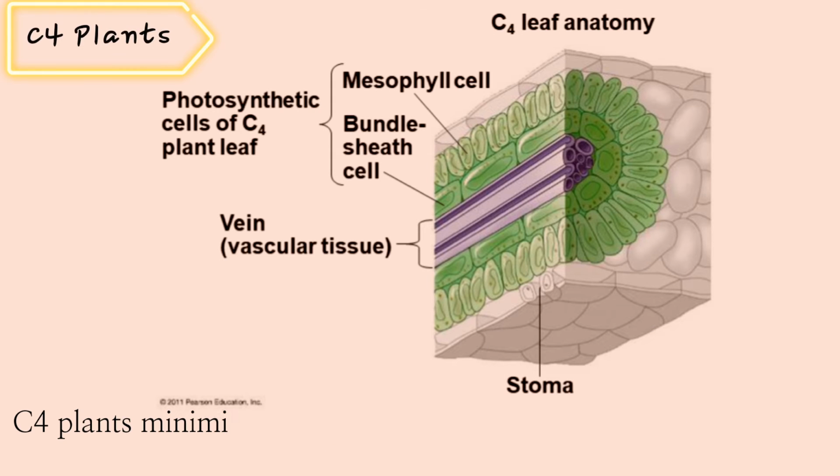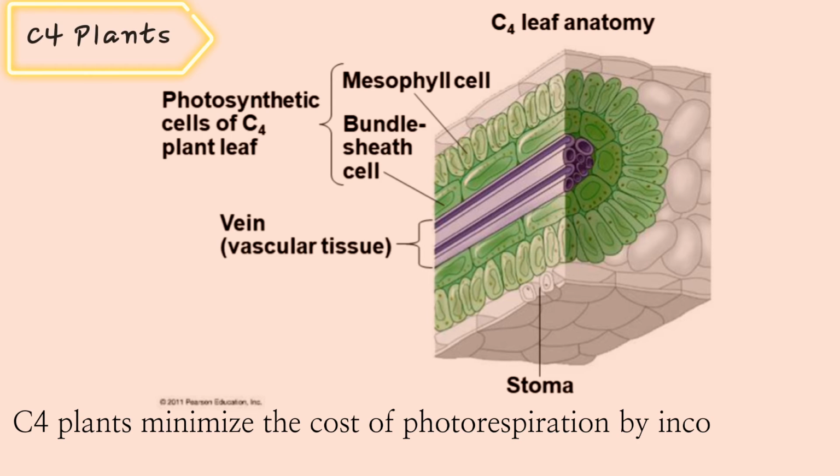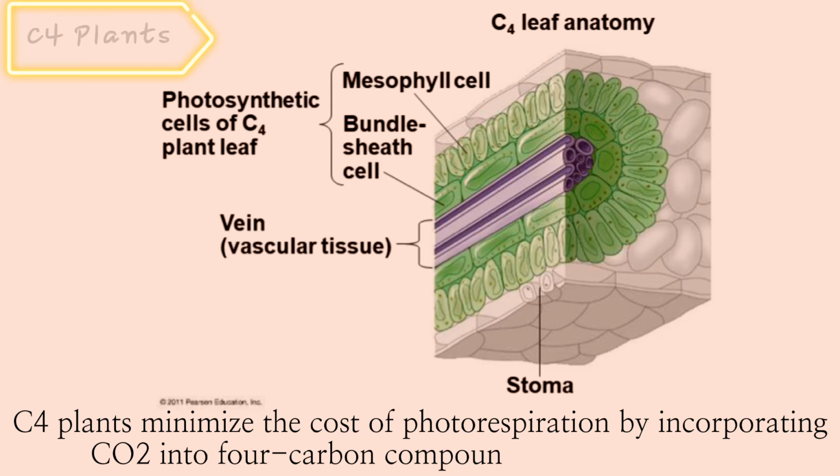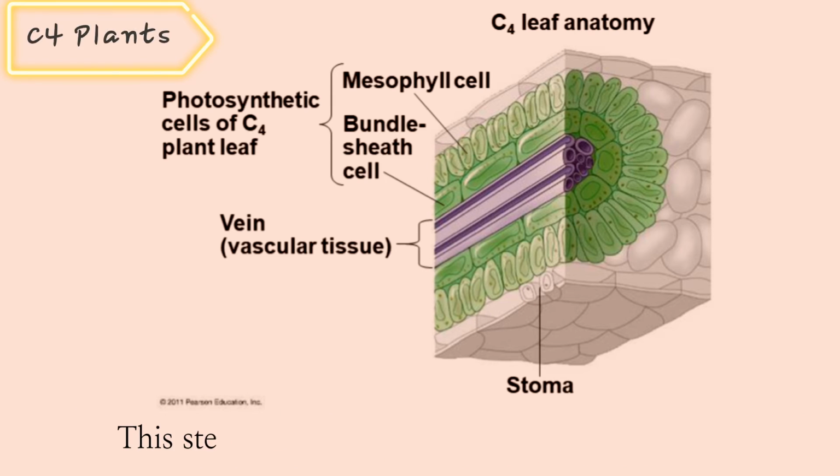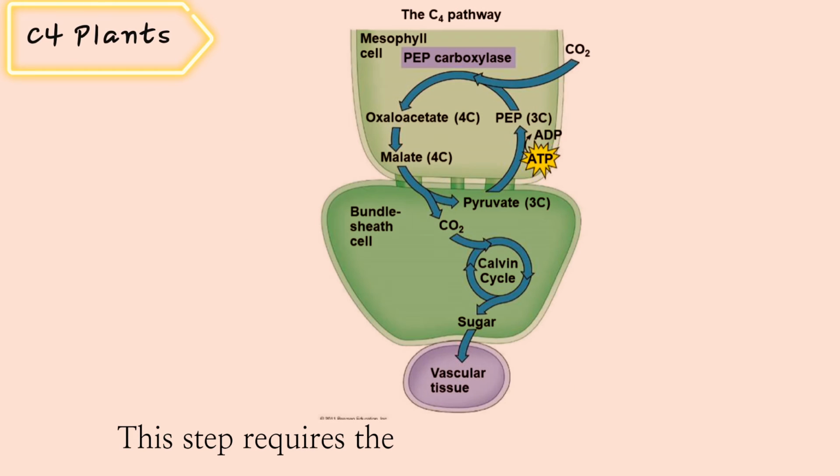C4 plants minimize the cost of photorespiration by incorporating carbon dioxide into 4-carbon compounds in mesophyll cells. This step requires the enzyme PEP carboxylase.